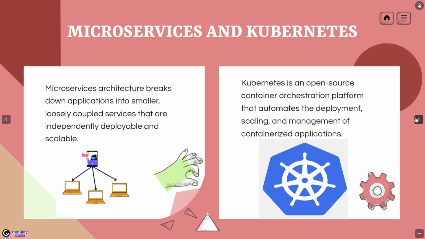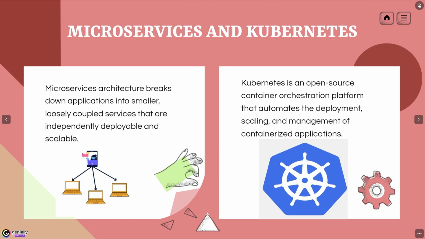Microservices architecture breaks down applications into smaller, loosely coupled services that are independently deployable and scalable. So, each microservice typically focuses on a specific business capability and communicates with other services via APIs.